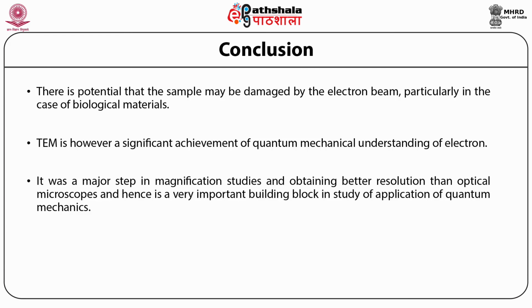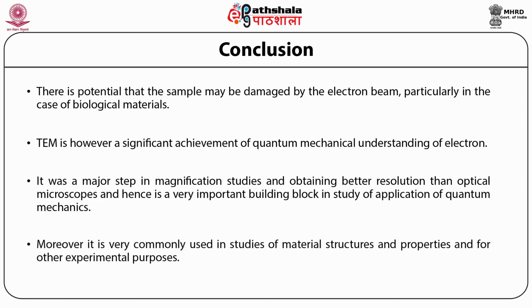It was a major step in magnification studies and obtaining better resolution than optical microscopes, and hence is a very important building block in the study of application of quantum mechanics. Moreover, it is very commonly used in studies of material structures and properties and for other experimental purposes.